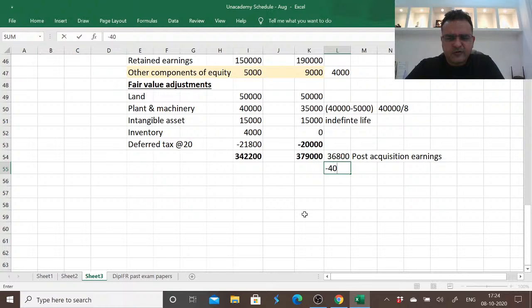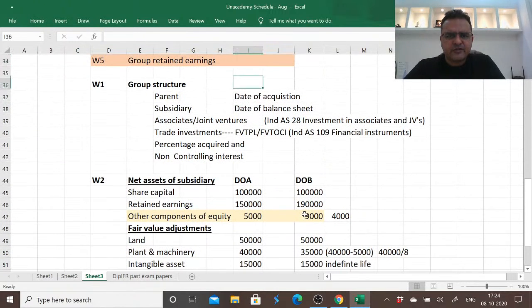So minus 4,000 is equal to 32,800. This earning will be divided between parent and NCI. Suppose when we first acquired it in our group structure, it says that parent acquired 80% stake and 20% belongs to NCI.